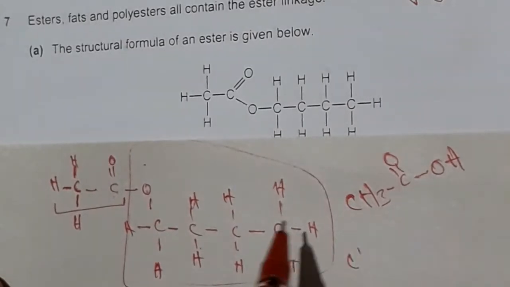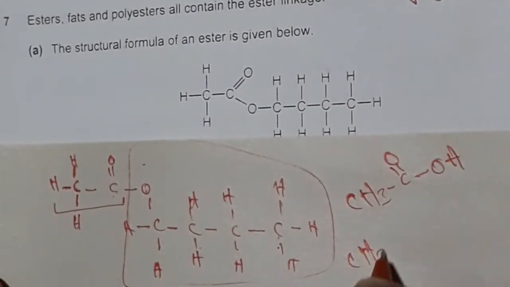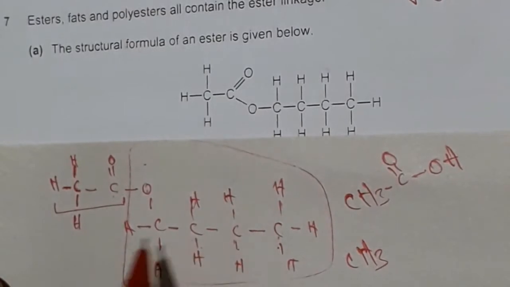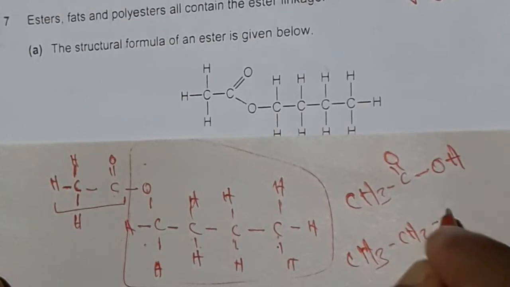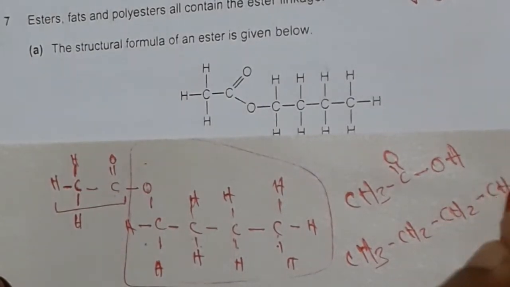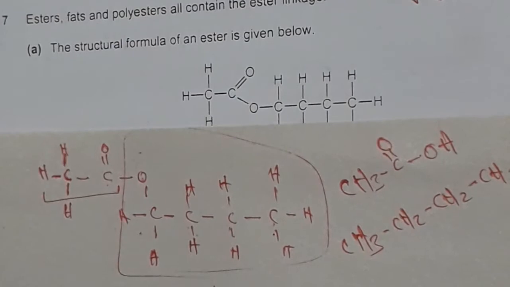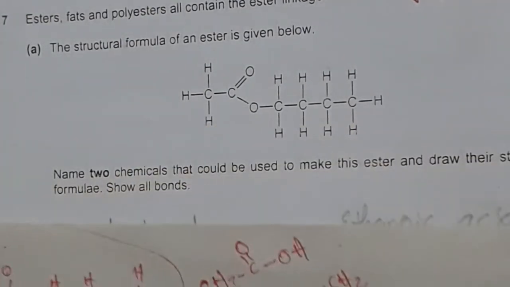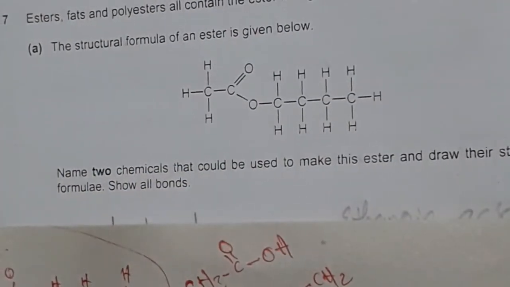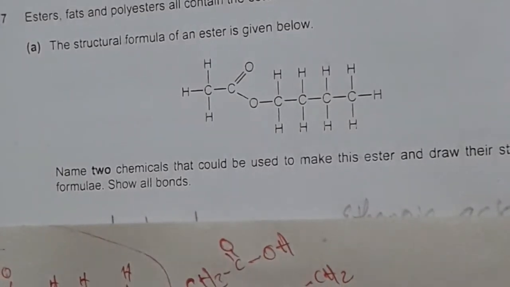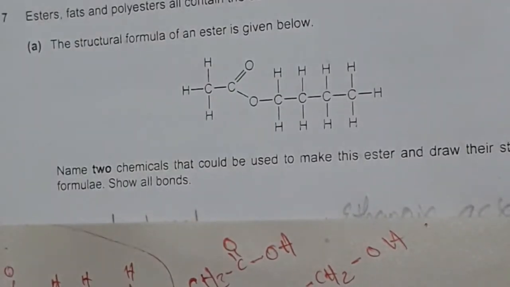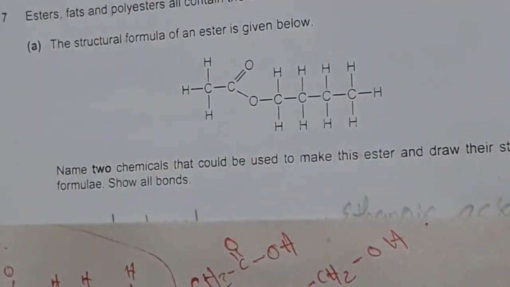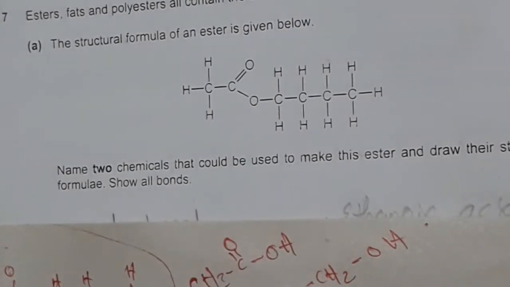So CH3, look here, after CH3, CH2 came 3 times. Okay, CH3CH2CH2CH2OH. So what is the name of this compound? How many carbon here? 1 2 3 4, 4 carbon. So it will be butanol.